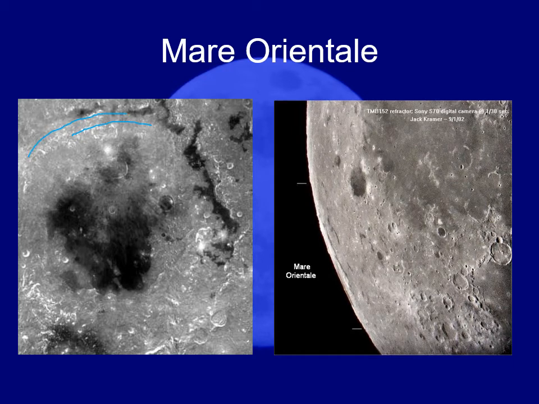The impact structure is out this far, and you can see mountain ranges out here around the edge of it. Only the central part of it got filled with the basalt. So this tells us that there's something different about the crust on the near side of the moon, the side that's near Earth, versus the far side.